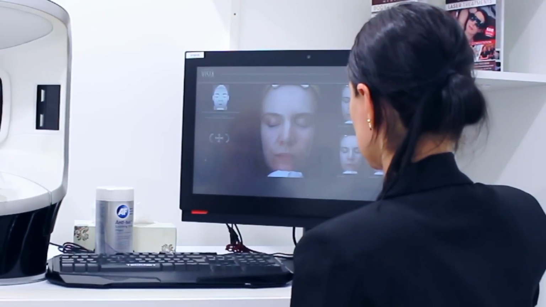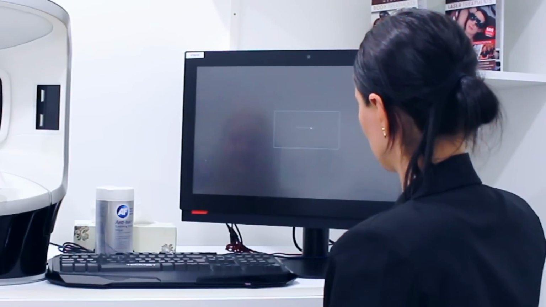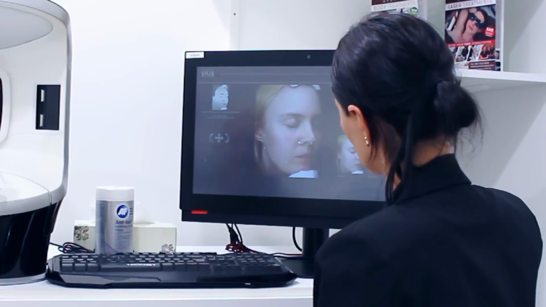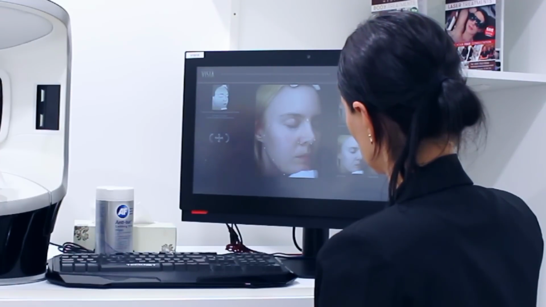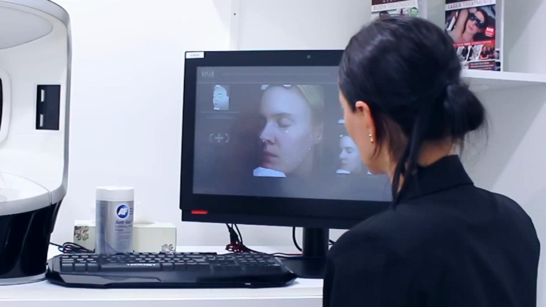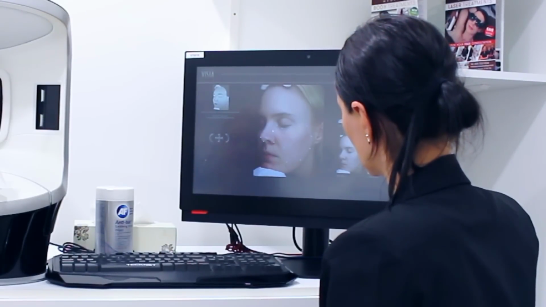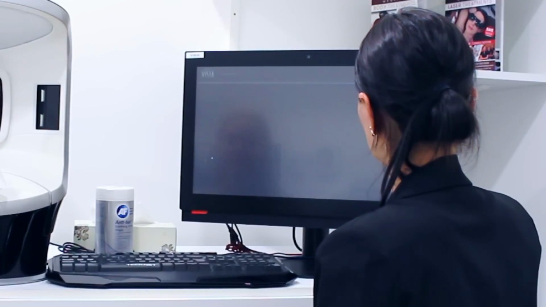Computer will do automatic mapping. Perfect.